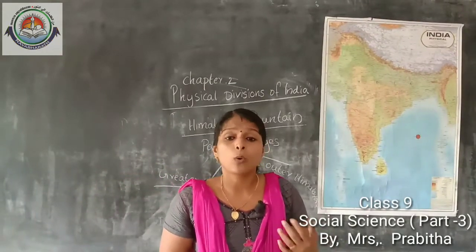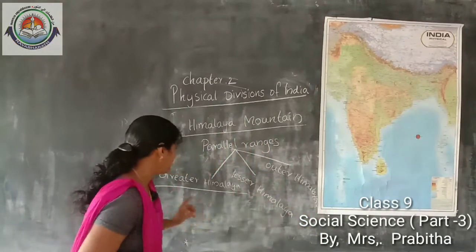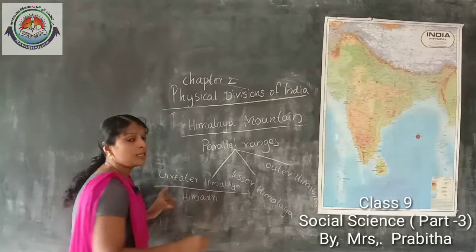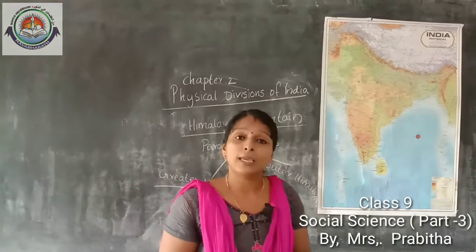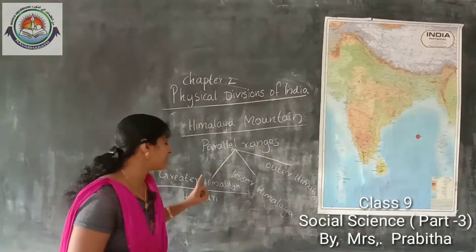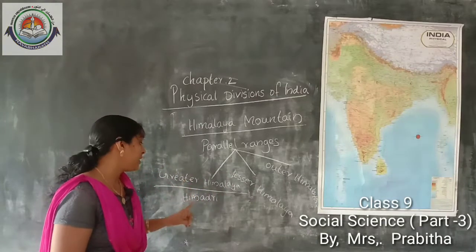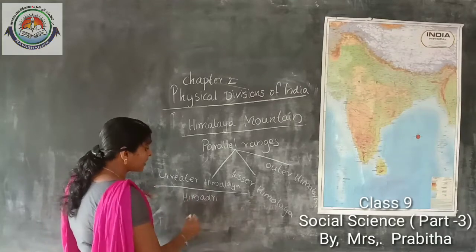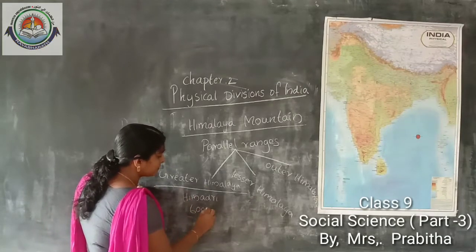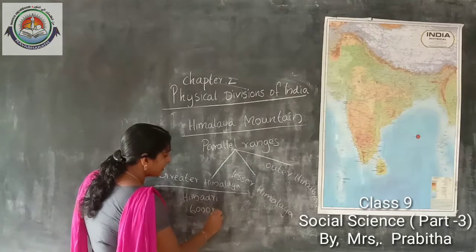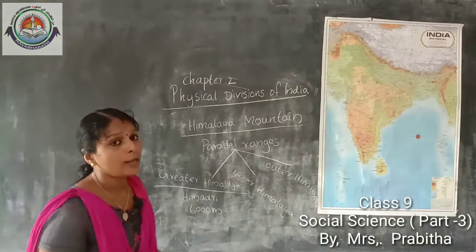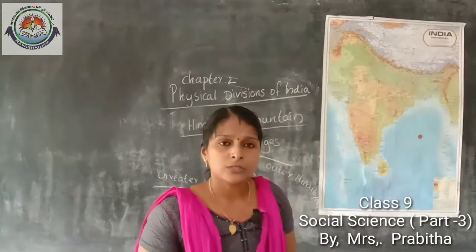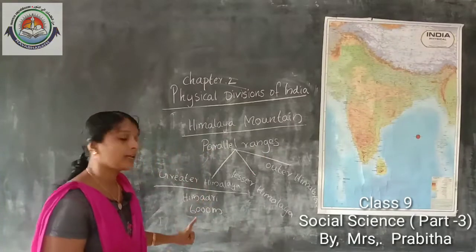Greater Himalayas are also known as Himadri. It is the northernmost part of Himalaya. It is also known as Himadri, and its average height is 6,000 meter, and many prominent peaks are situated in the Greater Himalaya. So hope you all understood what is Greater Himalaya.